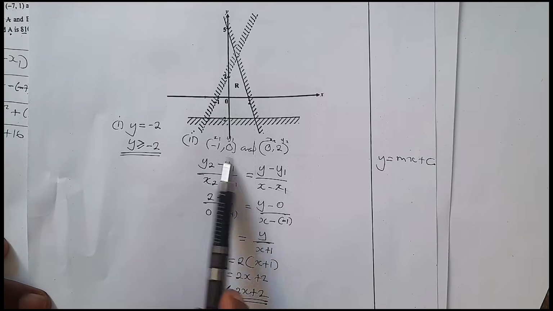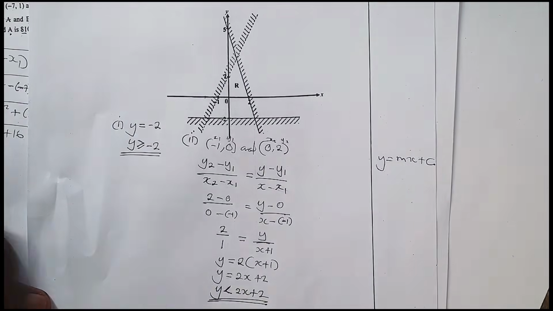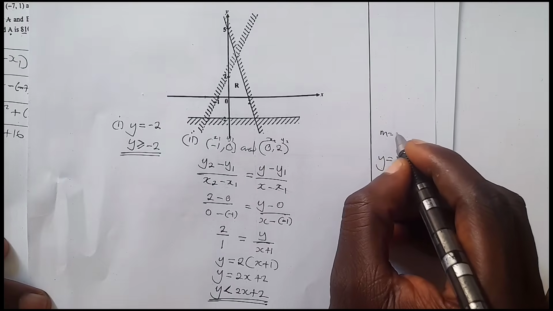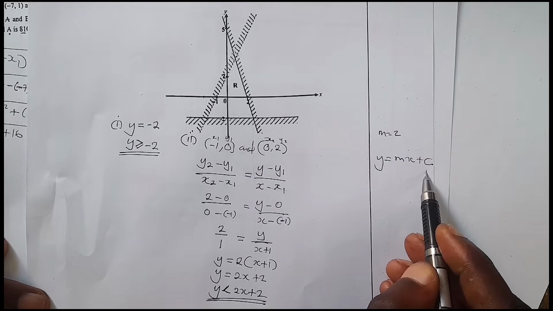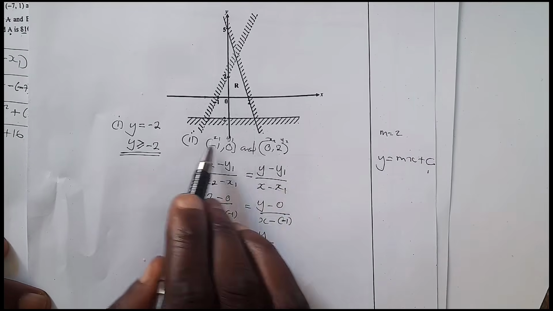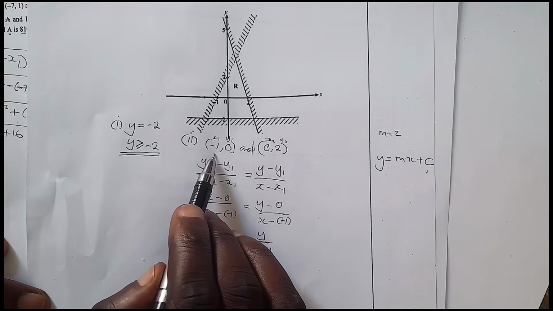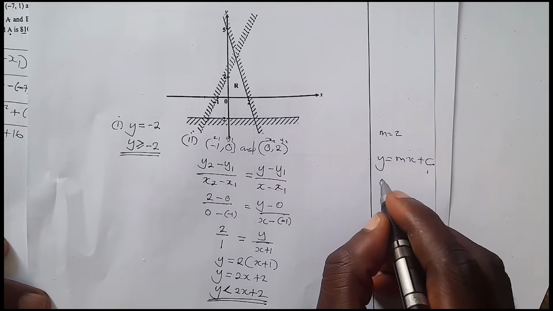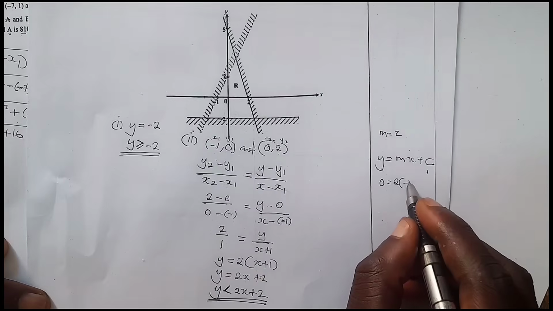After finding the gradient, the other way is to substitute, find the gradient m is equal to 2, then find c. To find c, you get any of these 2 points. Let's get the first point. y is 0, right? Gradient is 2. x is negative 1.